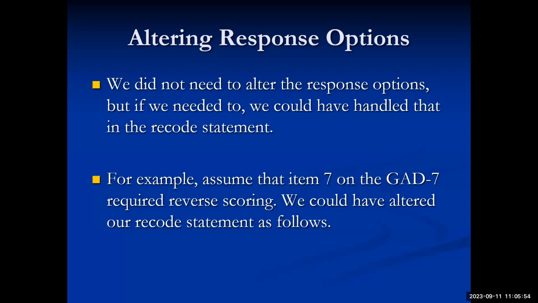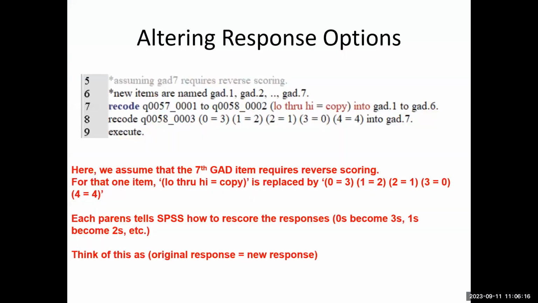Typically, we will reverse score items if the question stem is worded in the opposite direction of the other questions on the subscale. We will need to flag that item and flip its response scale essentially so that it is operating in the same direction as the other items on the measure. So here's a batch of syntax using recode statements that would achieve that for us.